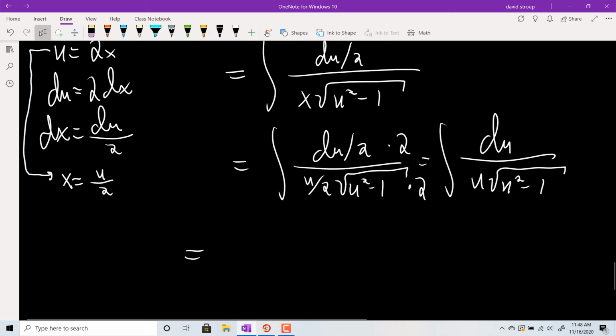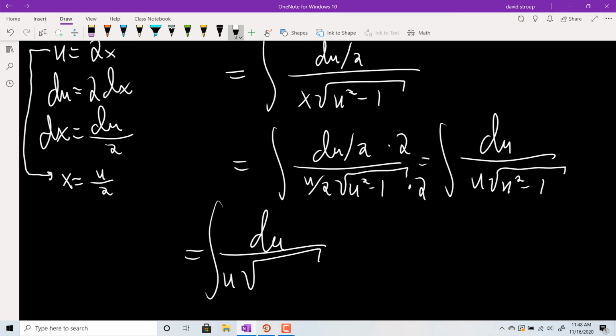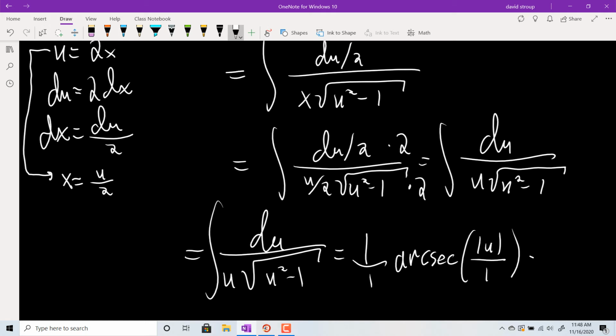Okay. So once you do that, it's obviously an arcsecant. So you have u times the square root of u squared minus 1. So that's going to end up giving you 1 all over a. Of course, a in this case is just 1, times arcsecant of the absolute value of u all over a.